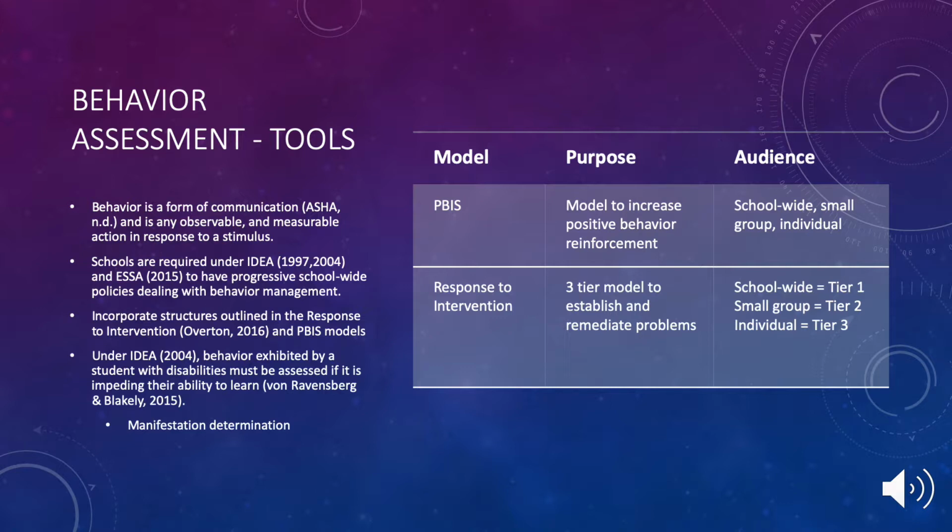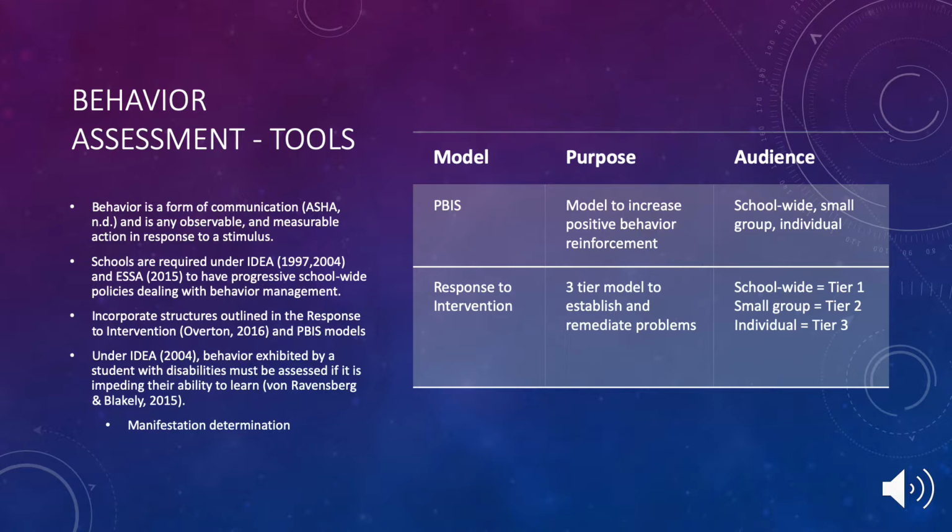Some of the models that are used to help manage behavior on a larger scale are the RTI models and PBIS. And PBIS works by increasing positive behaviors. It's a reward system. It's usually school-wide or small group. It can be tailored to the individual too. RTI model is very similar to PBIS, and it's a three-tier model, and it establishes ways to remediate problems.